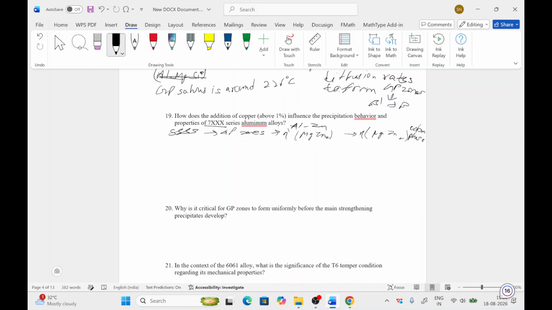The shape of this eta dash and eta is first spherical, and with further coarsening, the plate shaped eta equilibrium phase is formed.